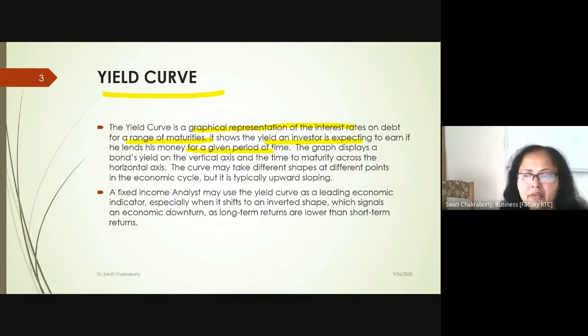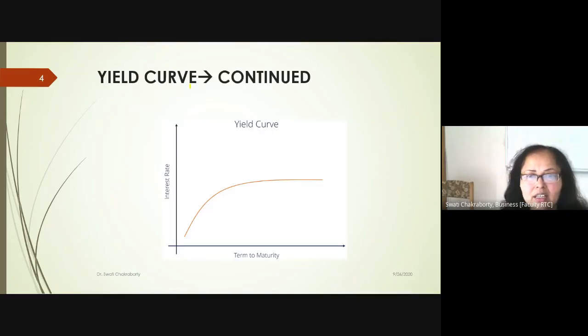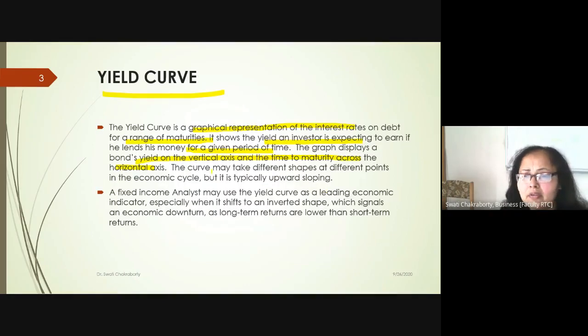The graph displays the bond's yield on the vertical axis and the time to maturity across the horizontal axis. See this? The terms to maturity on the horizontal axis and the interest rate on the vertical axis, and this is the yield curve.